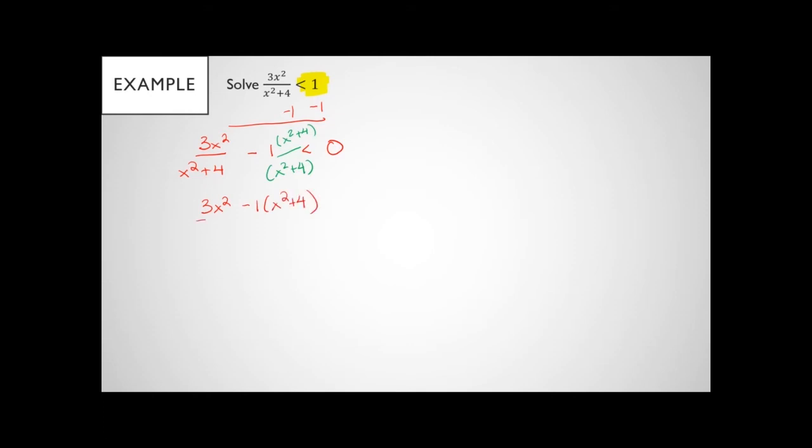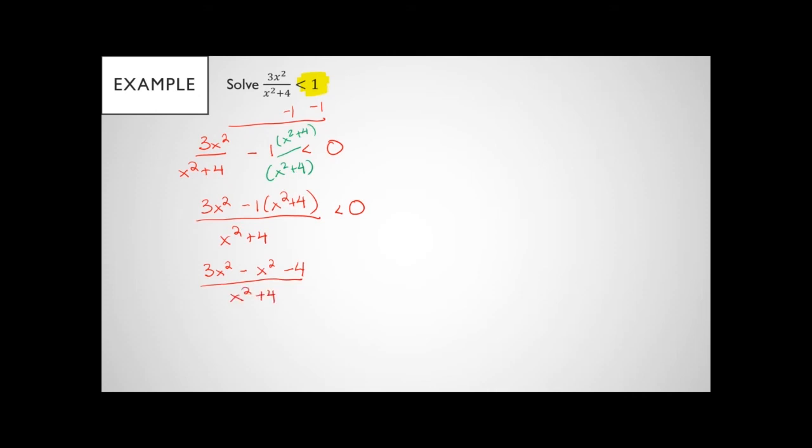When you combine these, we get an x squared plus 4, less than 0. So I have to simplify the left side, and then I start doing the factoring and all that. So this is 3x squared minus x squared, and then a negative 1 times 4, that's minus 4.